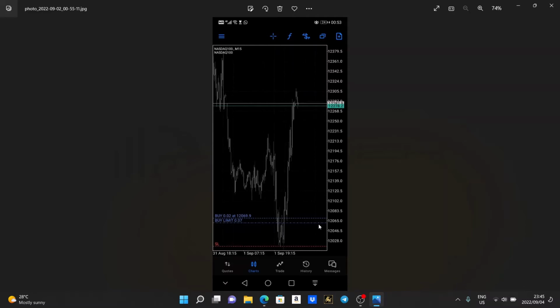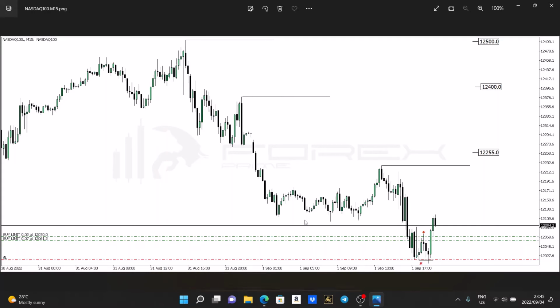If we look at it from this point, I took this before just to show you guys what I was looking at. We can see that we have these equal lows right here, which means that we have sell side liquidity resting underneath that. So I was looking to enter underneath that with the right confirmations.